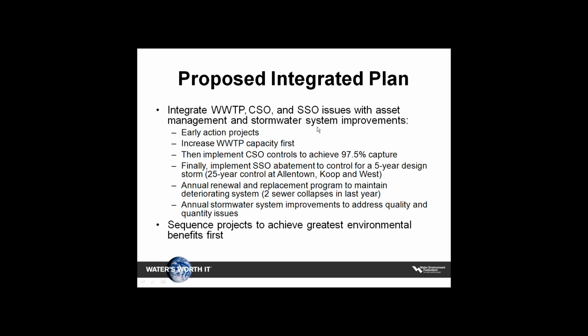In the proposed integrated plan, the first area, as I mentioned before, has all of the components in it. The early action projects were just to start initially with some environmental improvement and system improvements that the agency wanted to see us move forward.